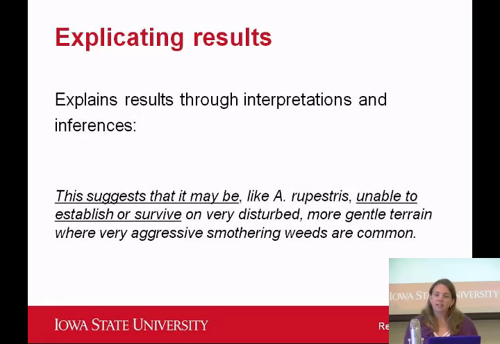Okay, our next step we're going to talk about is called explicating results, and this step explains your results through interpretations or through inferences. And the purpose of this step is really to help explain these results through this interpretation or inferences, but in the context of a study or in a broader context, and you can do this either with or without reference to previous works.